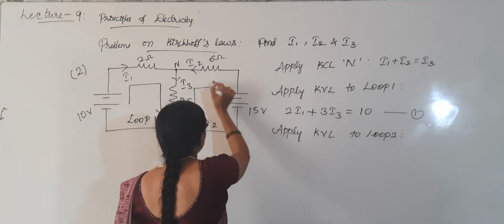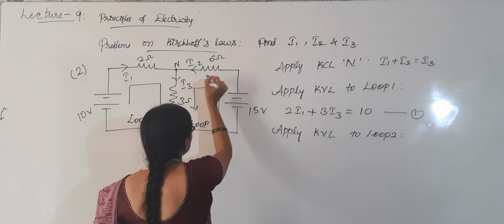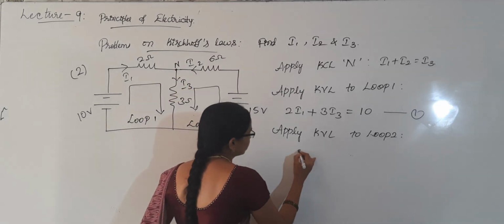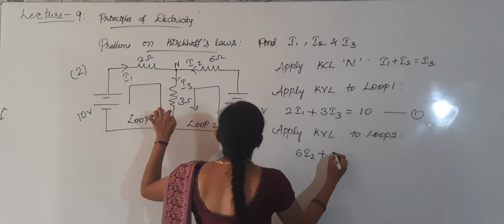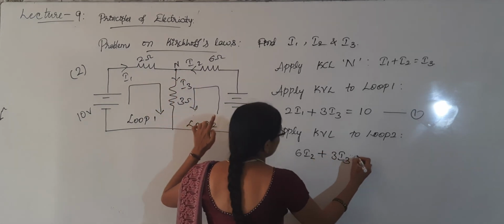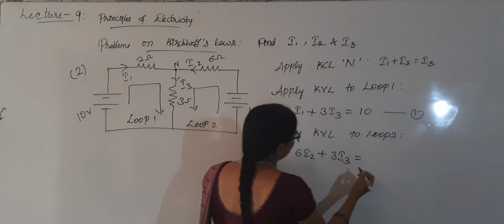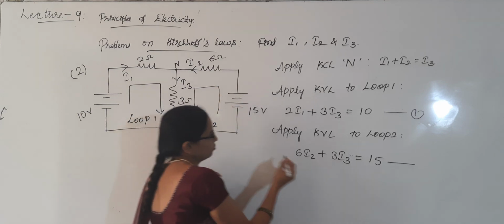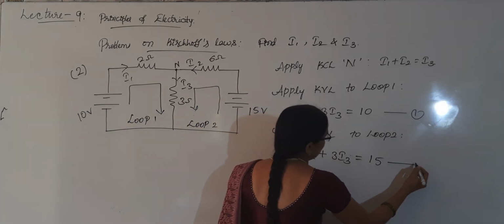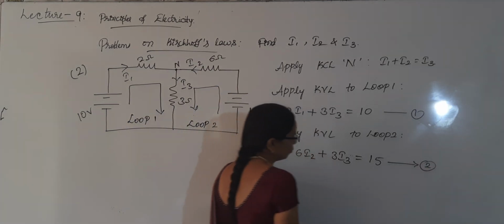I am taking it like this, so it will be 6I2 plus 3I3 is equal to 15. I am moving in this direction, 15 volt. Call this equation 2.